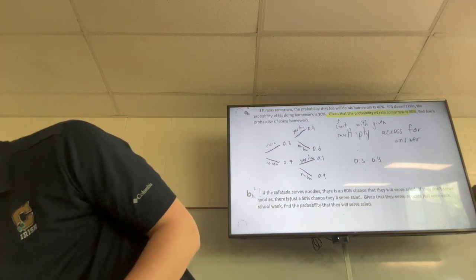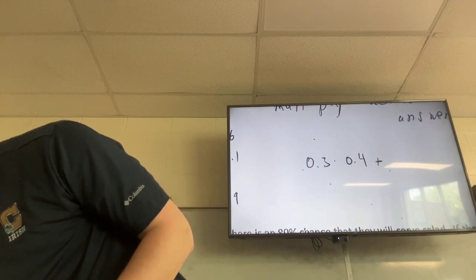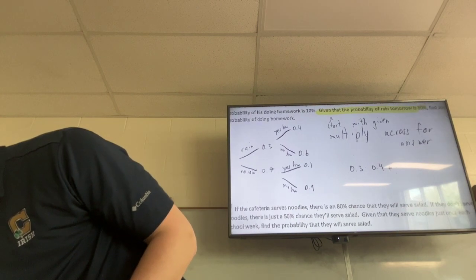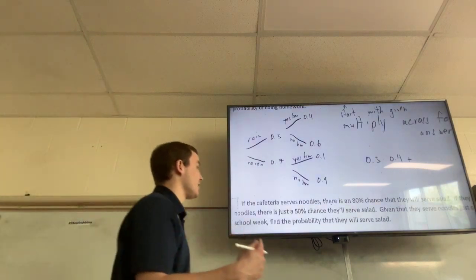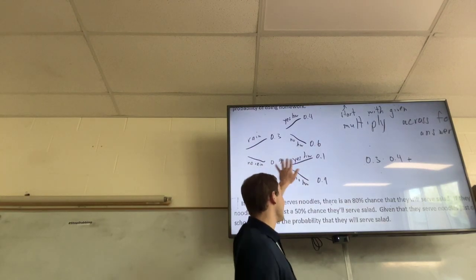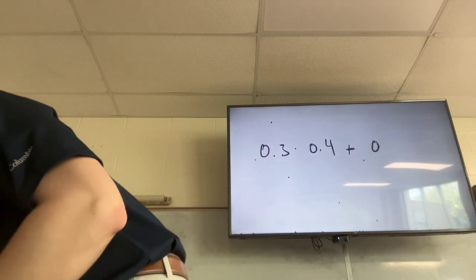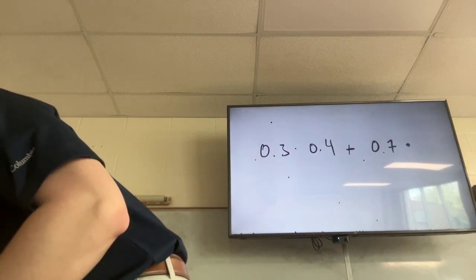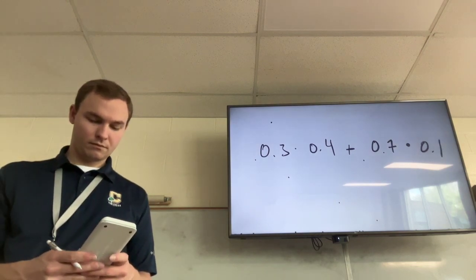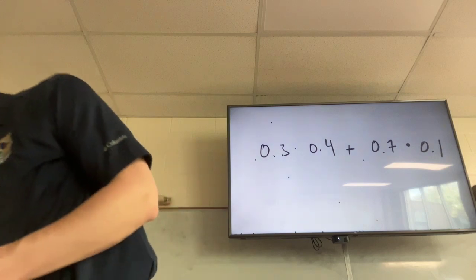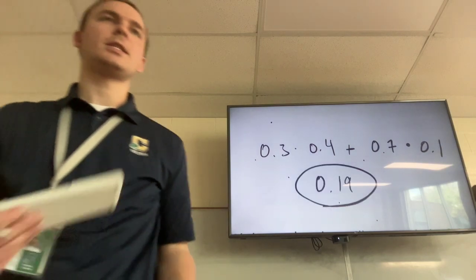What symbol am I going to put down? Plus. The other scenario in which he does his homework, it doesn't rain and he does do his homework, so 0.7 times 0.1. So 0.19. Guys feeling okay about this?